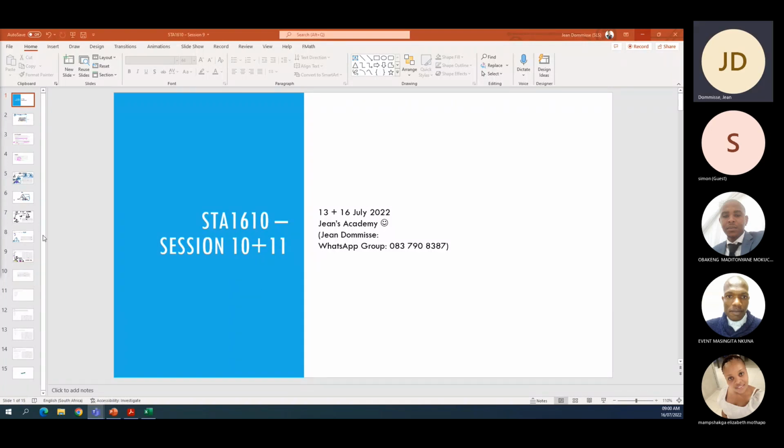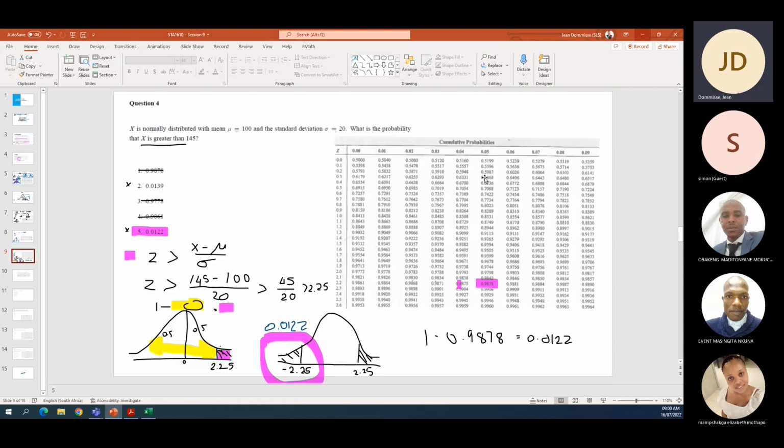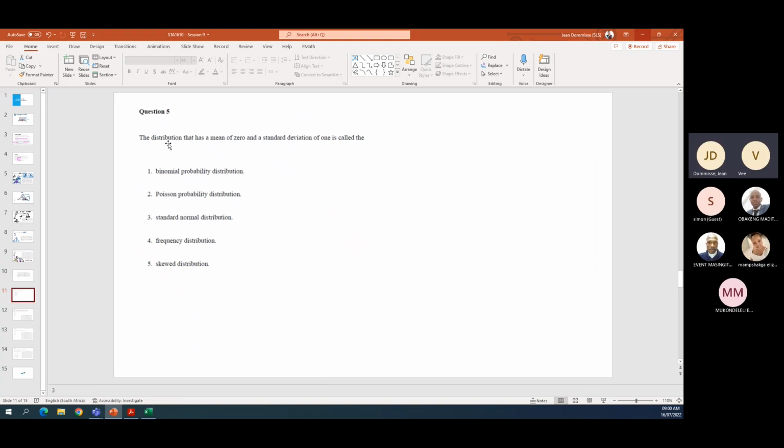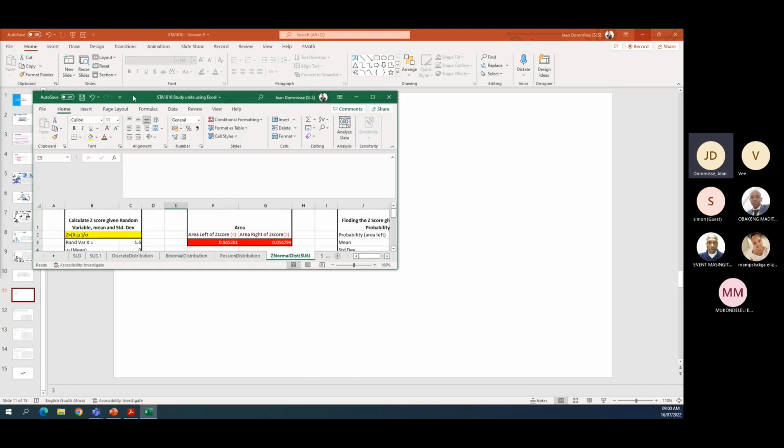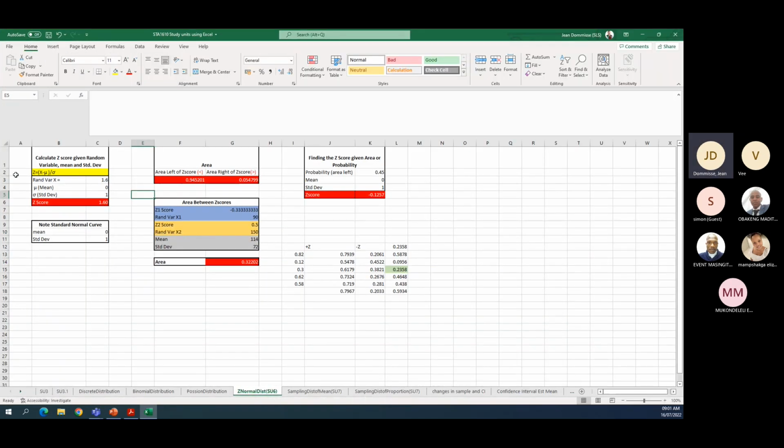So on Wednesday we basically stopped at this question. So I just want us to continue and finish study unit 6 today, and then when we finish, I just want to do one or two problems if we have time on the Excel spreadsheet as well, so that you can see how to use Excel in this study unit as well.